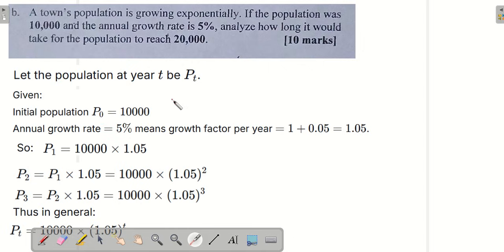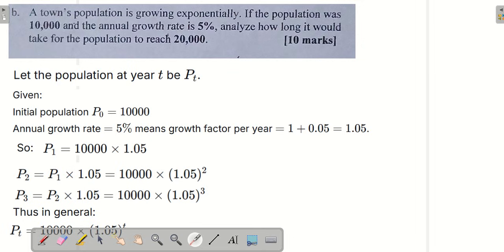So you realize that normally under modeling and application of GP and AP, we normally don't start with n equal to 1. We start with n equal to 0. And because of that, the formula normally changes. Whenever you start with 0, we don't bring the minus 1. I have already explained that.